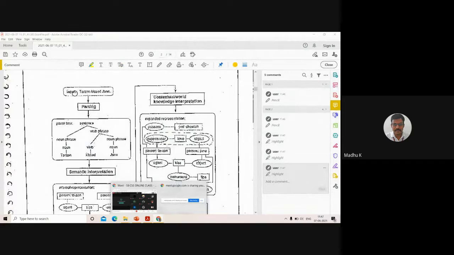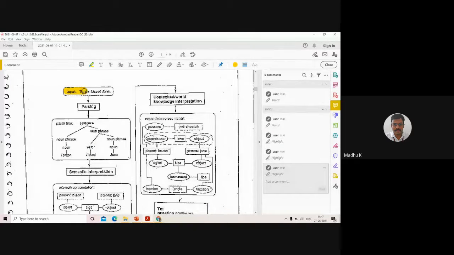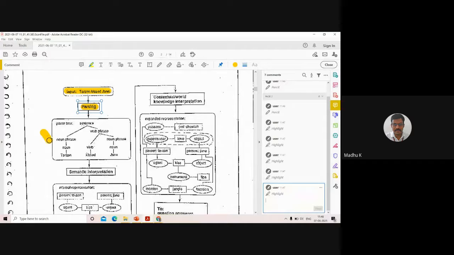So this is the input we are giving. We will give this input to the parser and it will produce a syntax tree, which consists of leaf nodes and internal nodes. Internal nodes are the syntactic components, for example verb phrase, noun phrase, etc. In terms of compiler design, these are the variables.